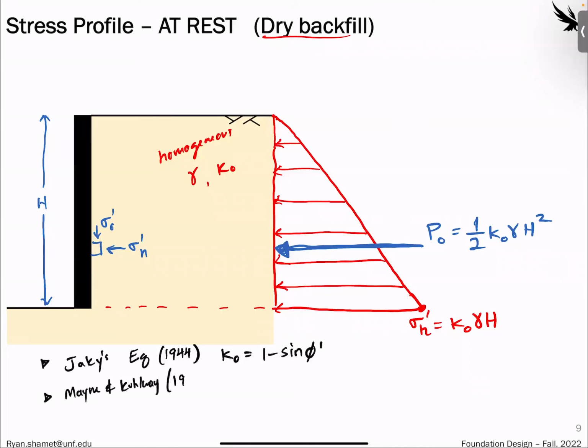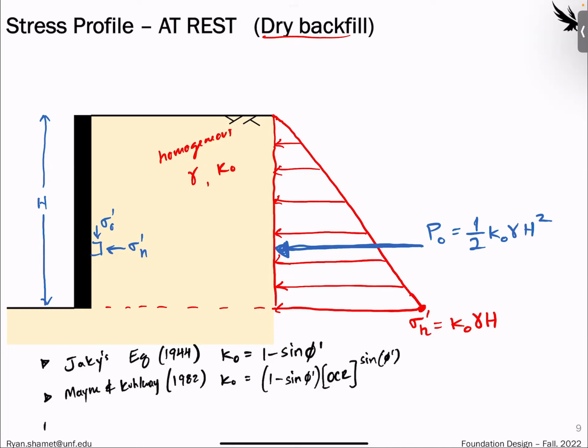This is from 1982. This is an update to it.